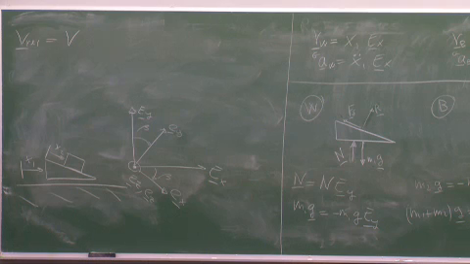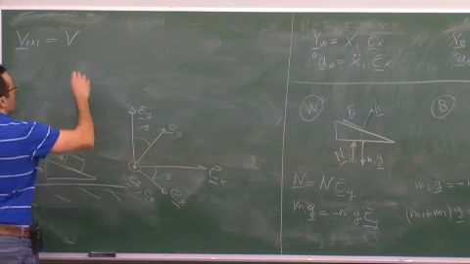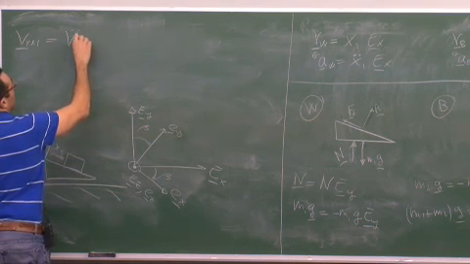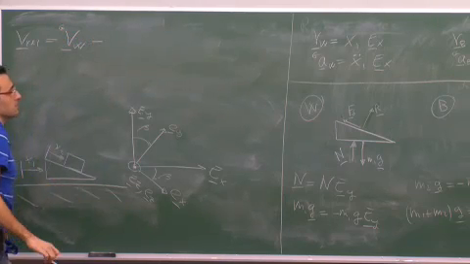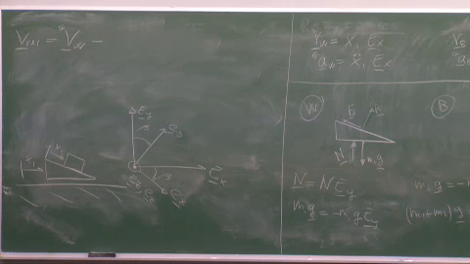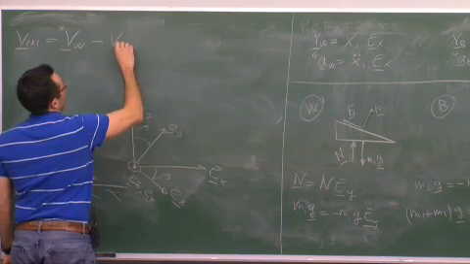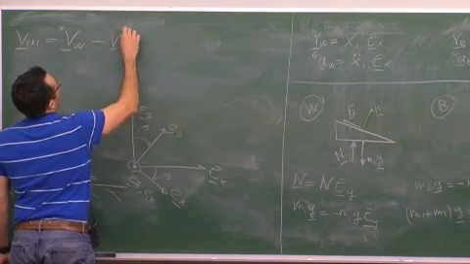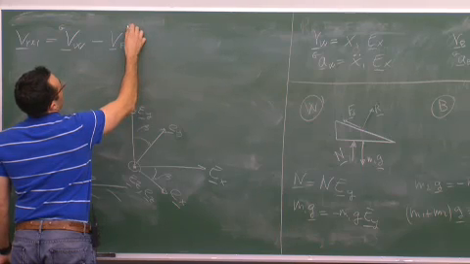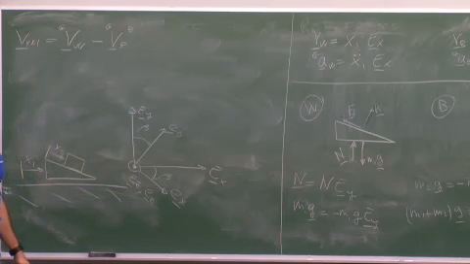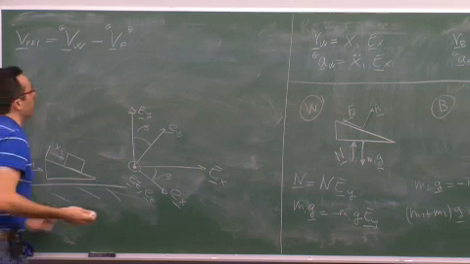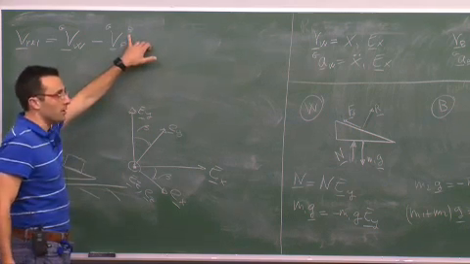So I want the velocity of the wedge as seen by an observer fixed to the ground minus the velocity of the point of contact, whatever you want to call it, as part of the block as seen by an observer fixed to the ground. Does it make sense? The surface of interest now is the block.